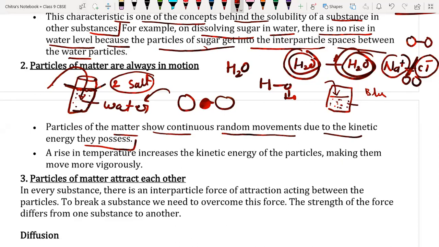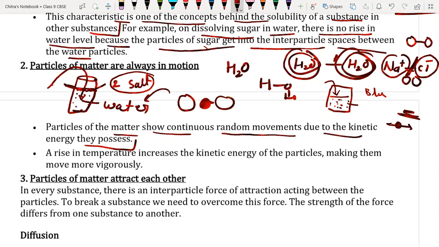Even in the solid state, most of the time students say, sir, are particles of a solid also in motion? Yes, they are also in motion, but they move about their mean position. That means if one particle is here, it is going to move to and fro, in all possible directions, because all the particles have kinetic energy in them.